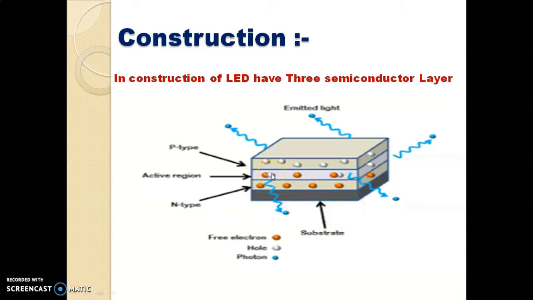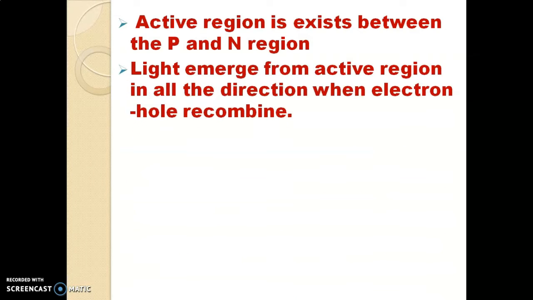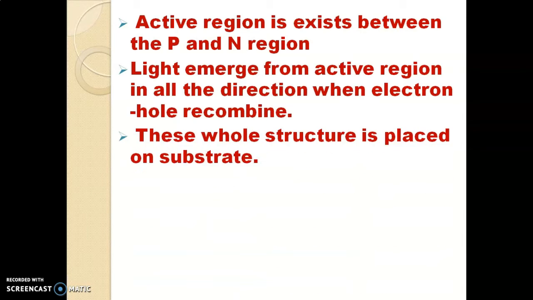The active region is placed in between the N type and P type semiconductor material. Through this active region, the LED emits light. The light emerges from the active region in all directions when electrons and holes get recombined.